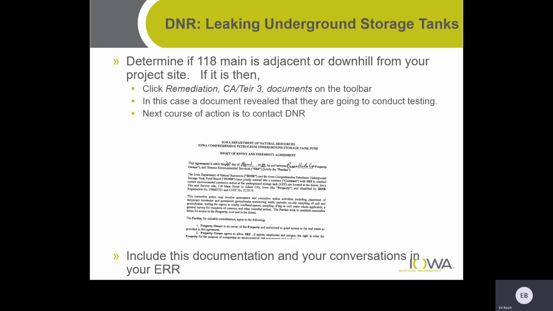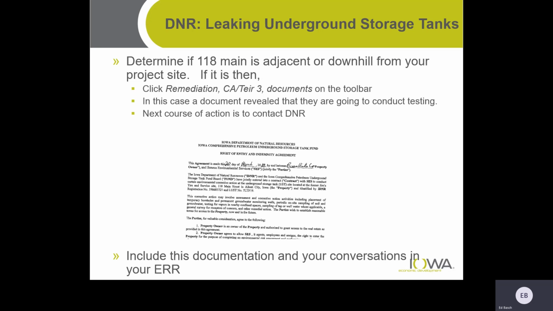So DNR contaminated sites, how do you find these particular facilities? You click on the site, search, investigate all that come up, and it'll show you all of them, even if they're not particularly hazardous.